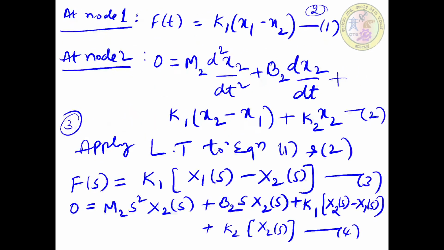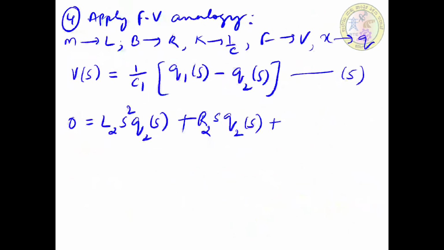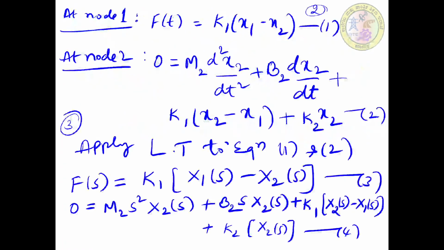Plus next, what I have, the K1 term. K1 means 1/C1, between Q2 minus Q1. Why is it so? Because it is x2(s) − x1(s).